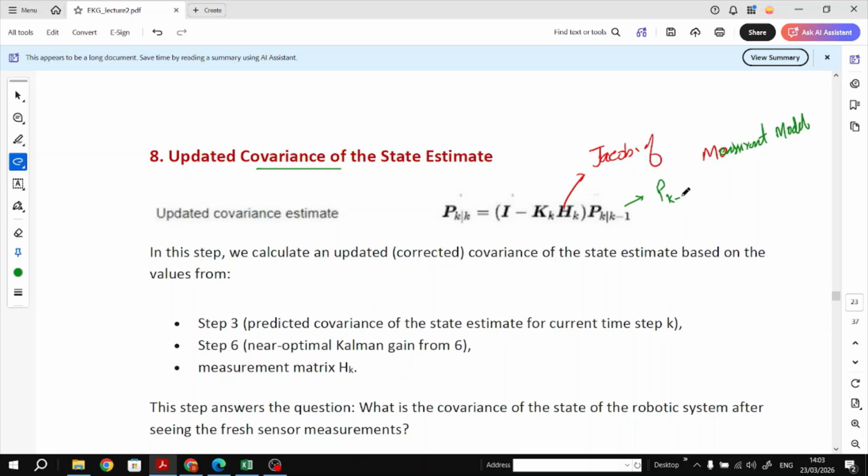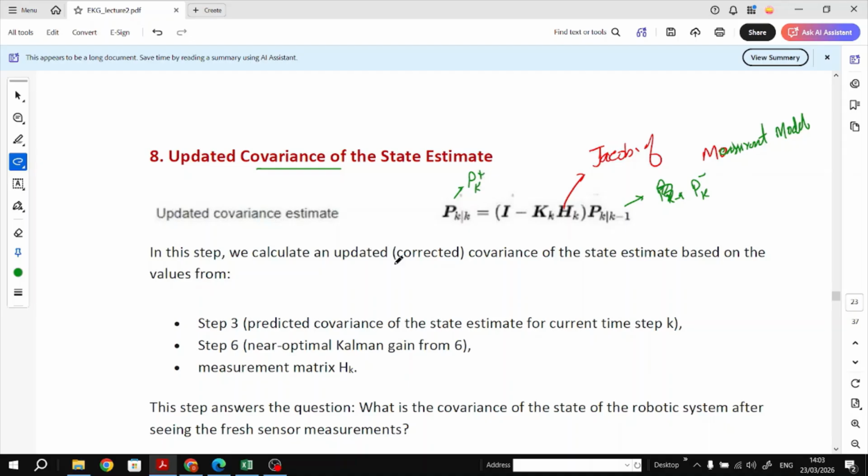I mean, write it in other notation. Write it like this. This one is the predicted state error covariance matrix, and you get this updated covariance matrix.